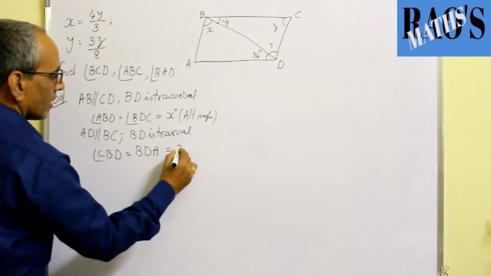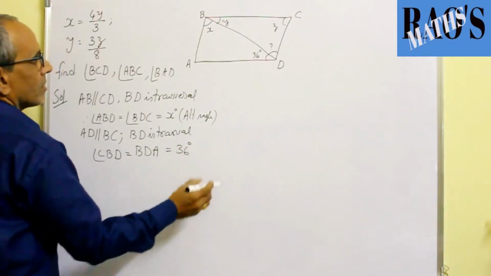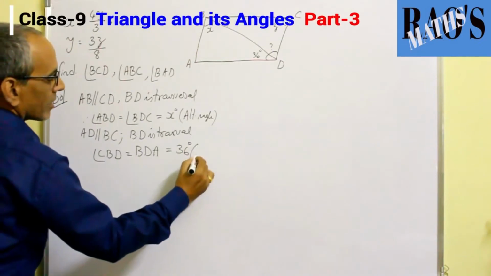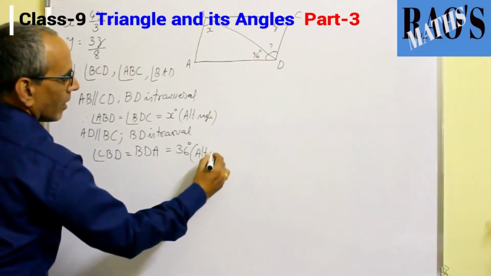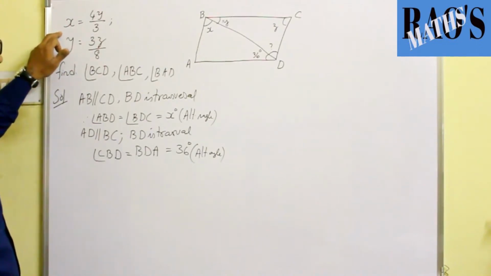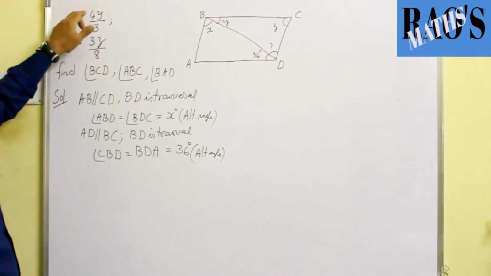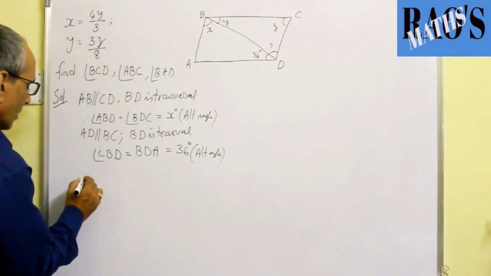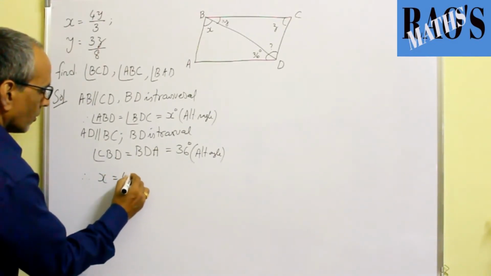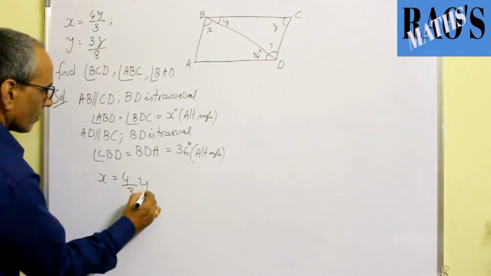Both measure 36 degrees, because it is given as 36. They are also alternate angles. But you are given the condition x is equal to 4/3 of y. Therefore, x is equal to 4/3 of y.